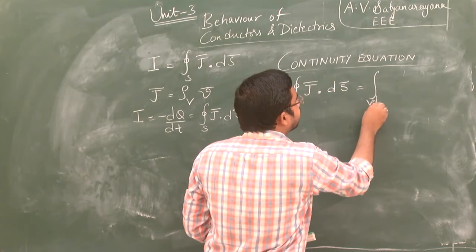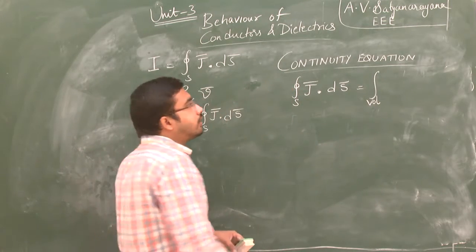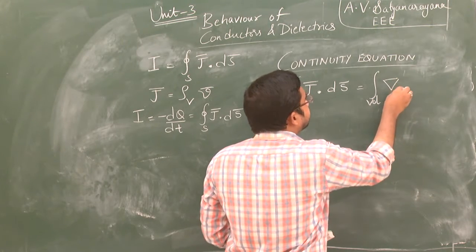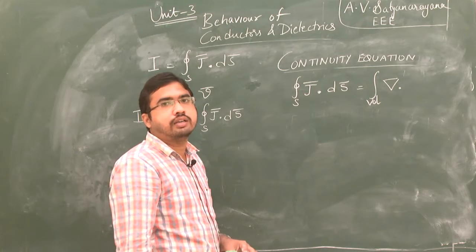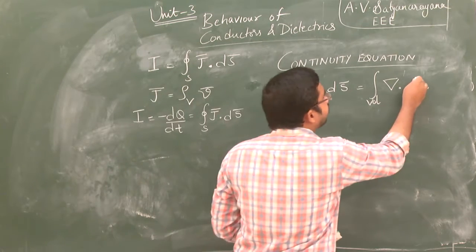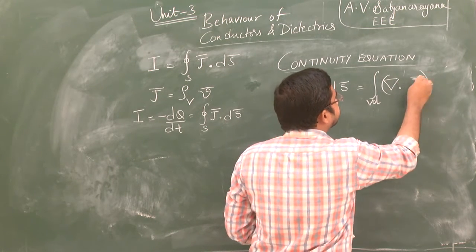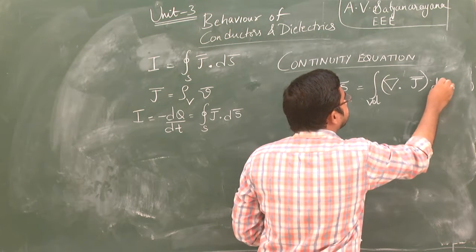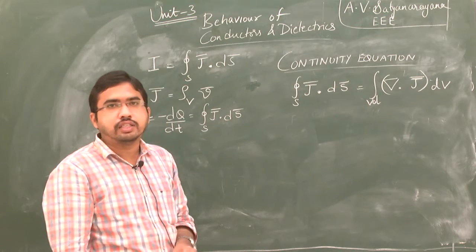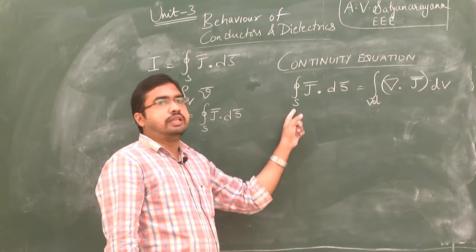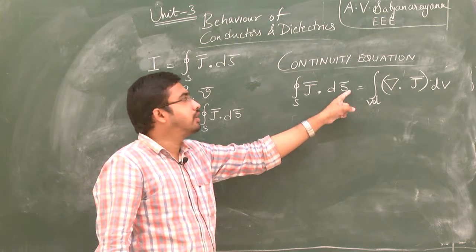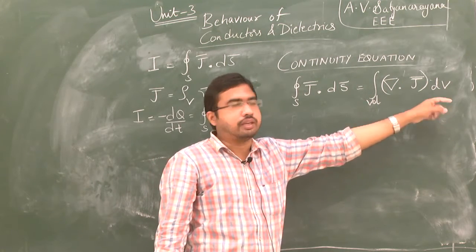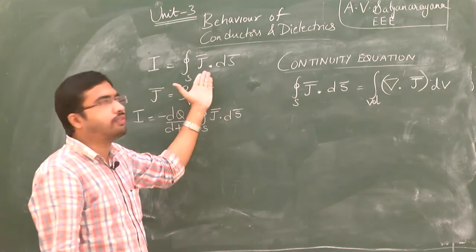The divergence theorem states that the surface integral of j bar dot ds bar is equal to the volume integral of del dot j bar dv. This is the divergence theorem applied to this formula.